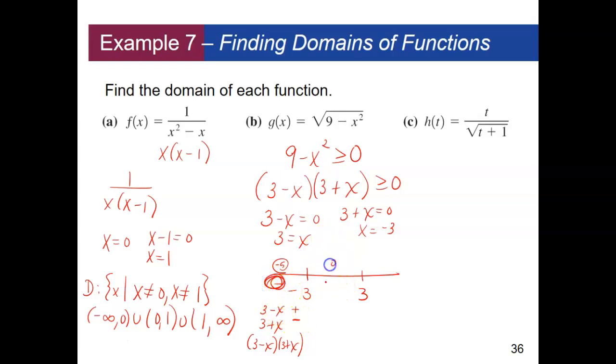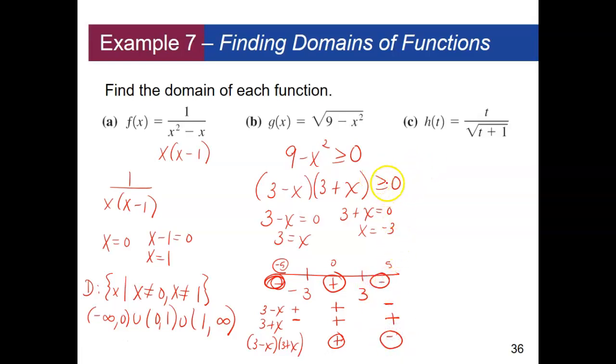If I choose 0 as a test point and I put 0 in, I'm going to get a positive and a positive. So a positive times a positive would be a positive. And if I try something larger than 3, let's say 5, 3 minus 5 is negative, 3 plus 5 is positive. So a negative times a positive is a negative.